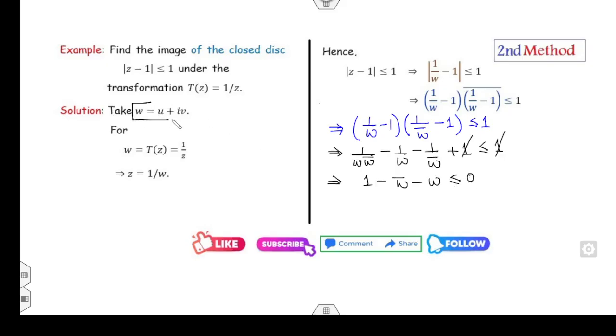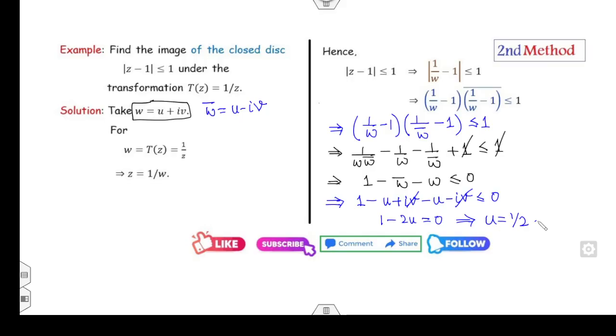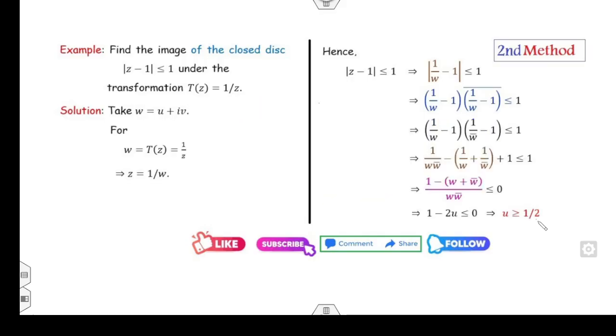So if you have w is u plus iota v, the complex conjugate is u minus iota v. You can substitute there. It's 1 minus u minus, minus, plus iota v minus u minus iota v. So iota v will be cancelled out. So 1 minus 2u is equal to 0. Again, that gives you u equal to half as the right answer.